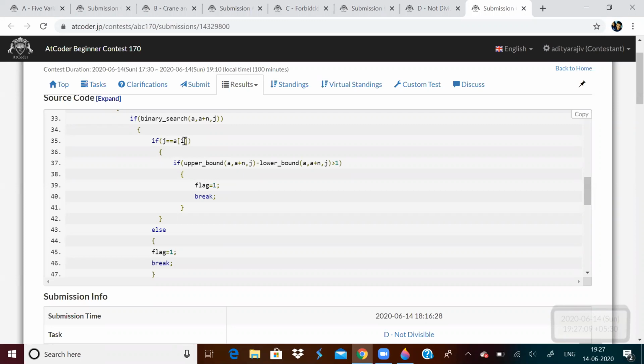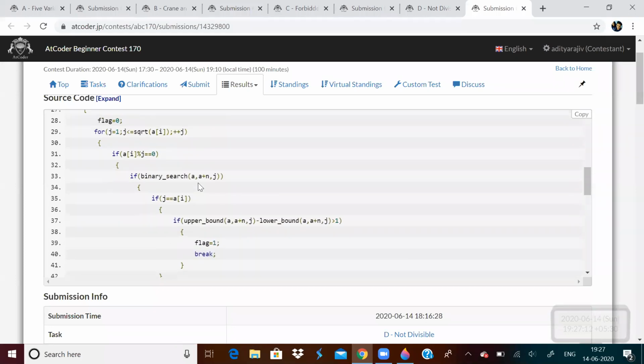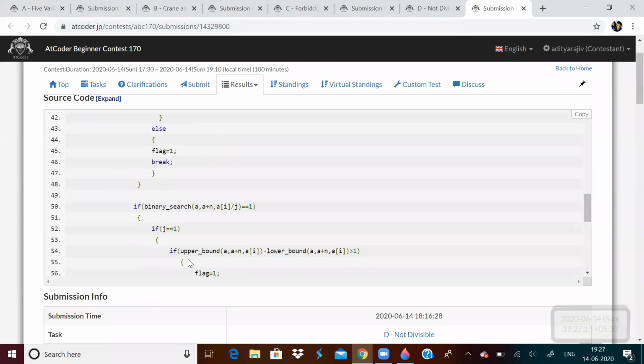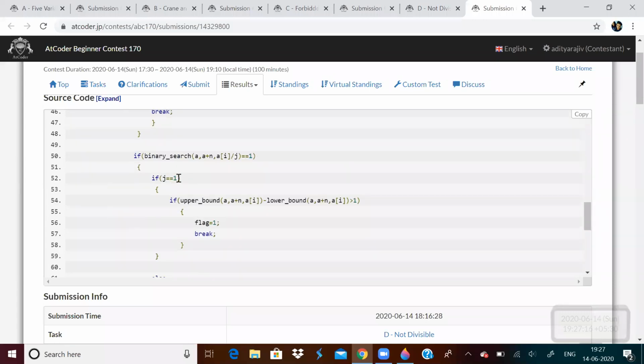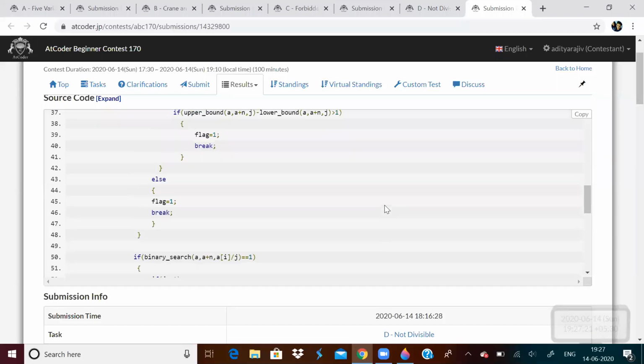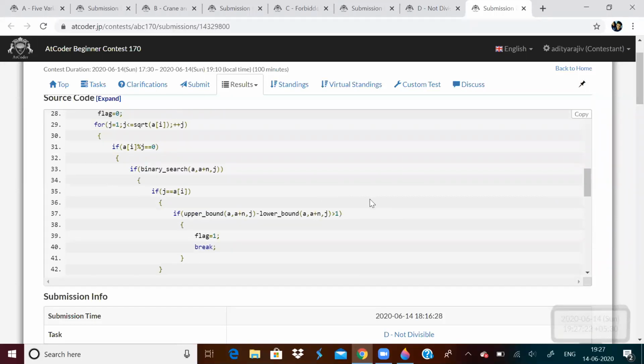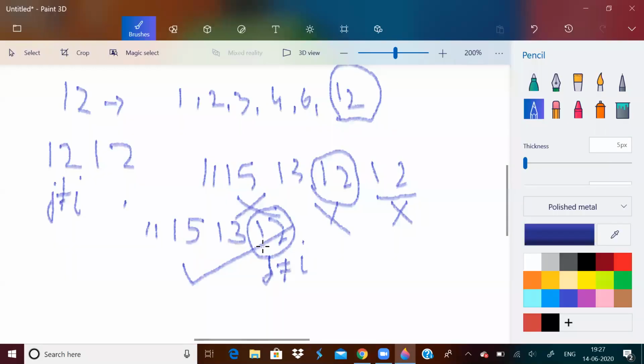When j is equal to I, I am just checking how many such numbers are there. It should not happen that because I got a factor 12 and 12 is divisible by 12, I am checking this number only. I should not check this number. So that is why I've used upper bound. Keep in mind j not equal to I, for all j not equal to I.